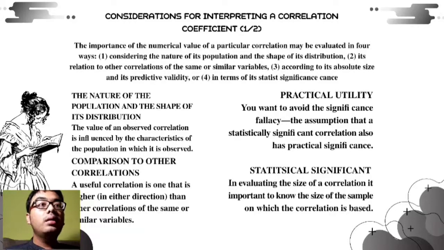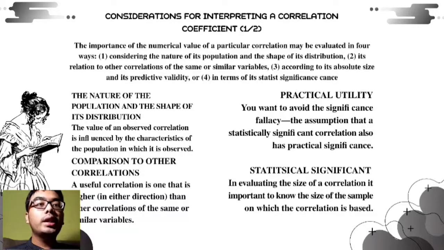This is because the math aptitude scores in the gifted class are range restricted compared to those in a regular class.